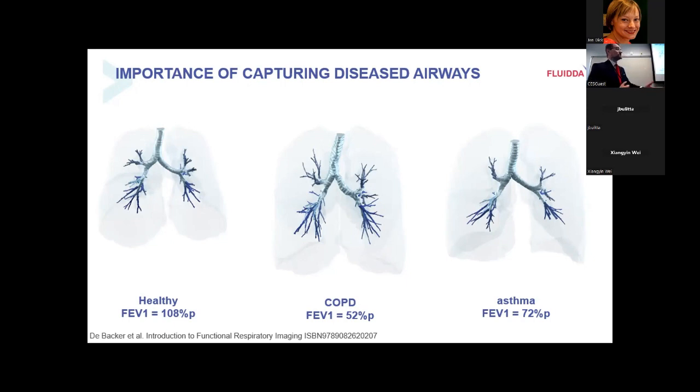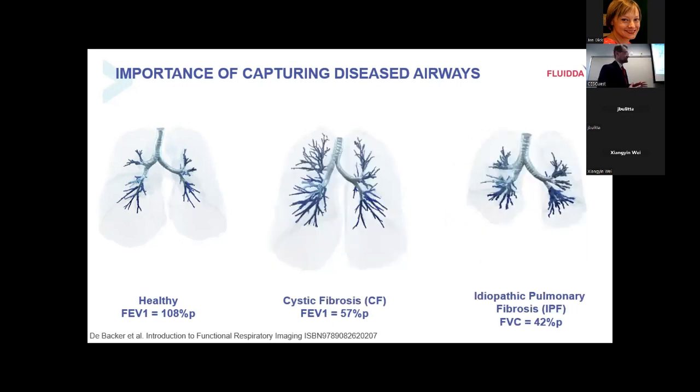In asthma, also an obstructive disease, you see also a level of hyperinflation and a level of bronchoconstriction, which can be reflected by the FEV1, but as we discussed yesterday, I think FEV1 is somewhat useful, but also has many, many flaws. Cystic fibrosis, I think Will touched on that as well. You see clearly bronchiectasis, a level of hyperinflation.